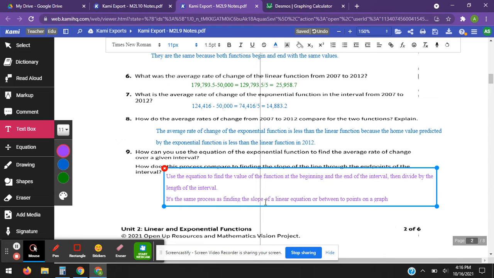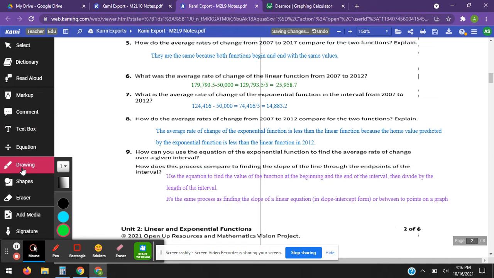Graph the slope of a linear equation. I'm going to put in here in slope intercept form. Or between 2 points on a graph. And so that equation, let me go ahead and just write in here what we're talking about.